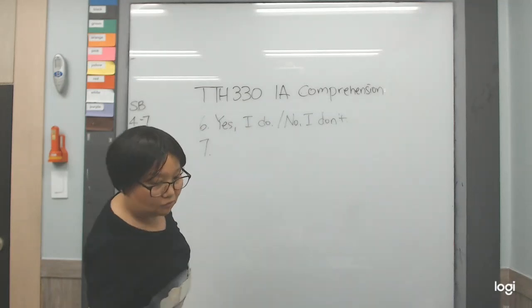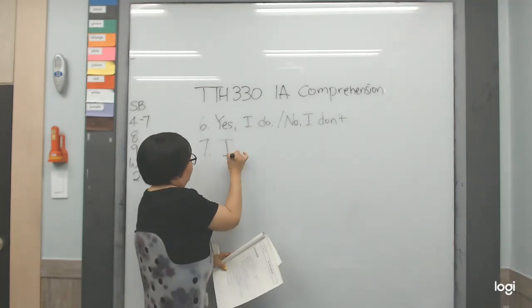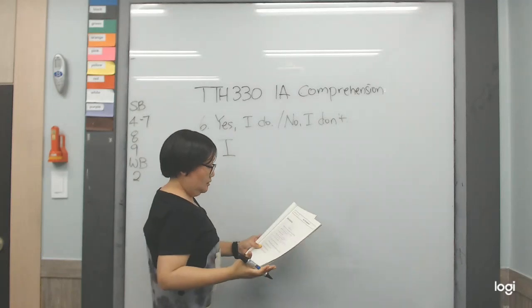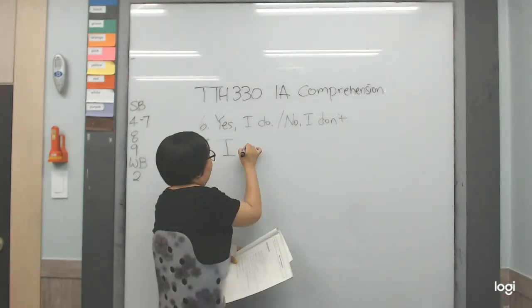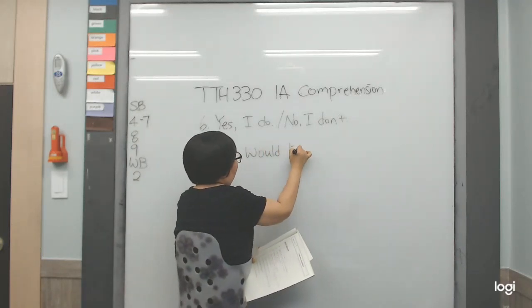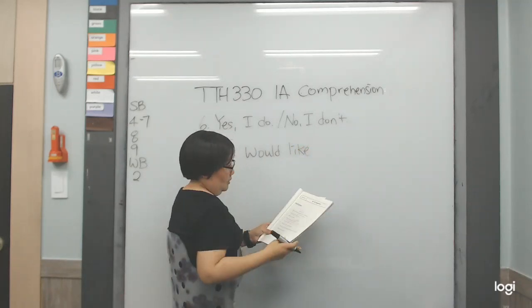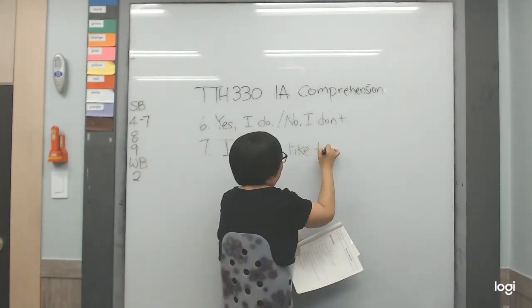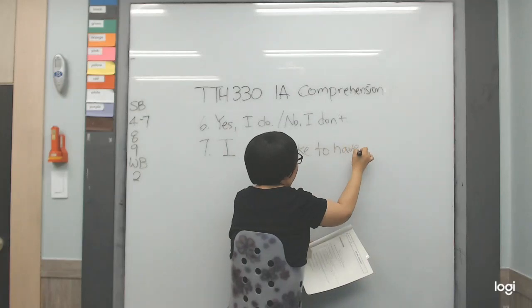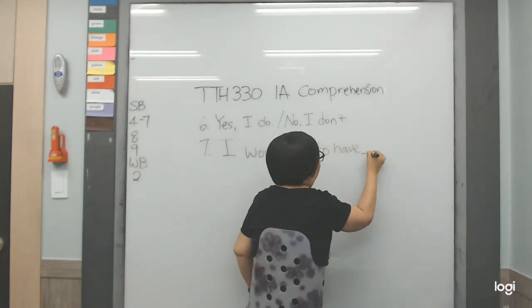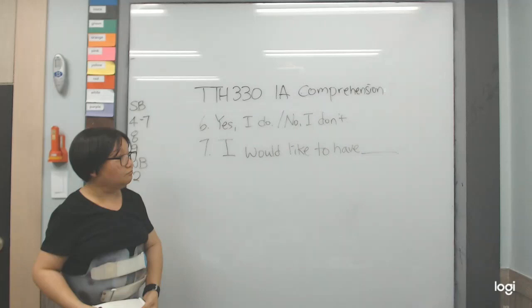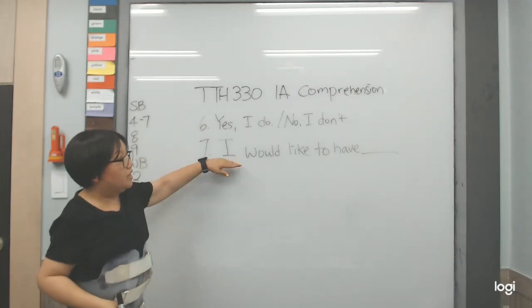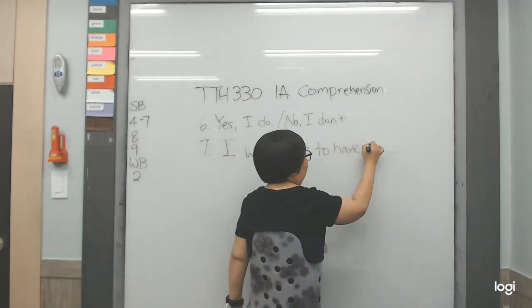Okay? So, let's write down. I, right? And then what can you say? I would like, and what did the question say? To have, and then your choice. Alright, so you can say, I would like to have a dog.